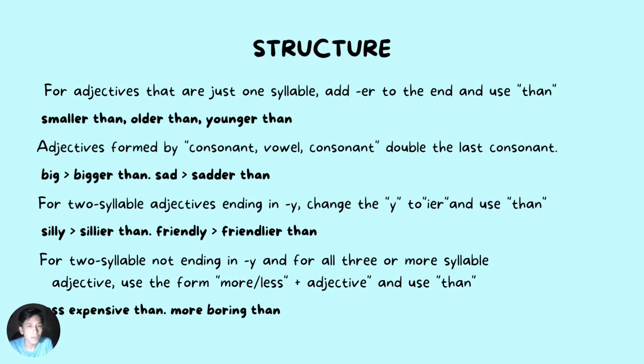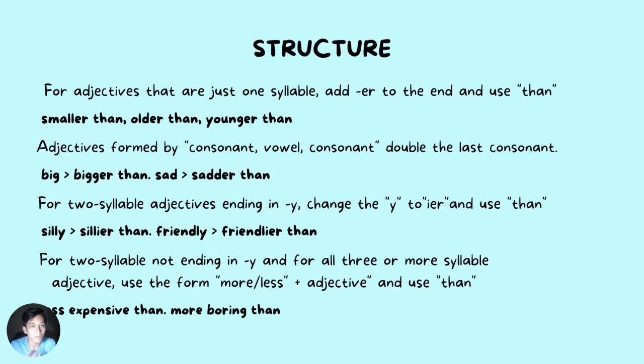For adjectives that are formed by consonant, vowel, and consonant, we follow the same rule, but we double the last consonant. So it would be from big to bigger than, from sad to sadder than.